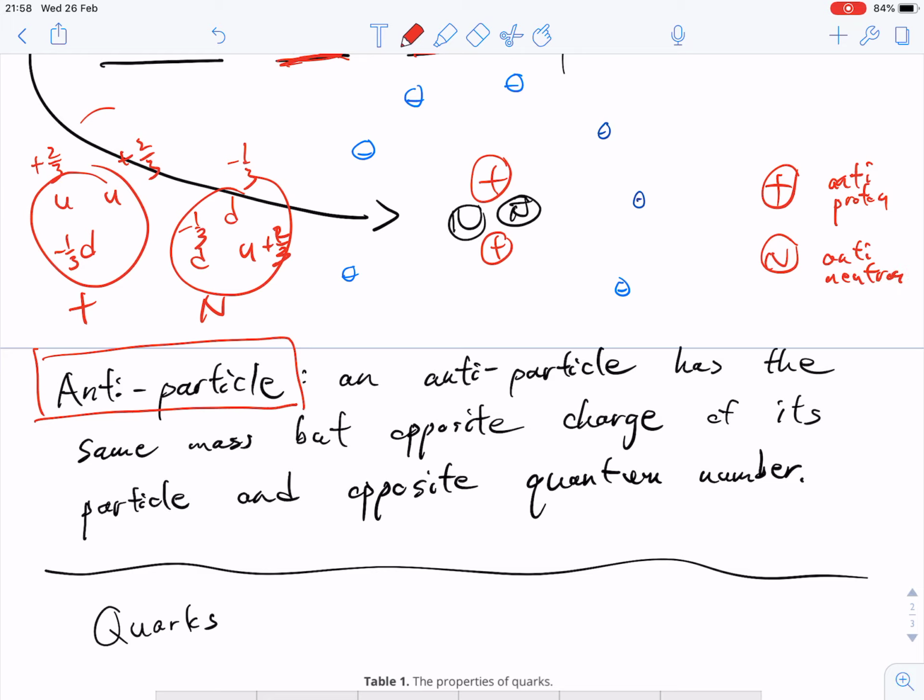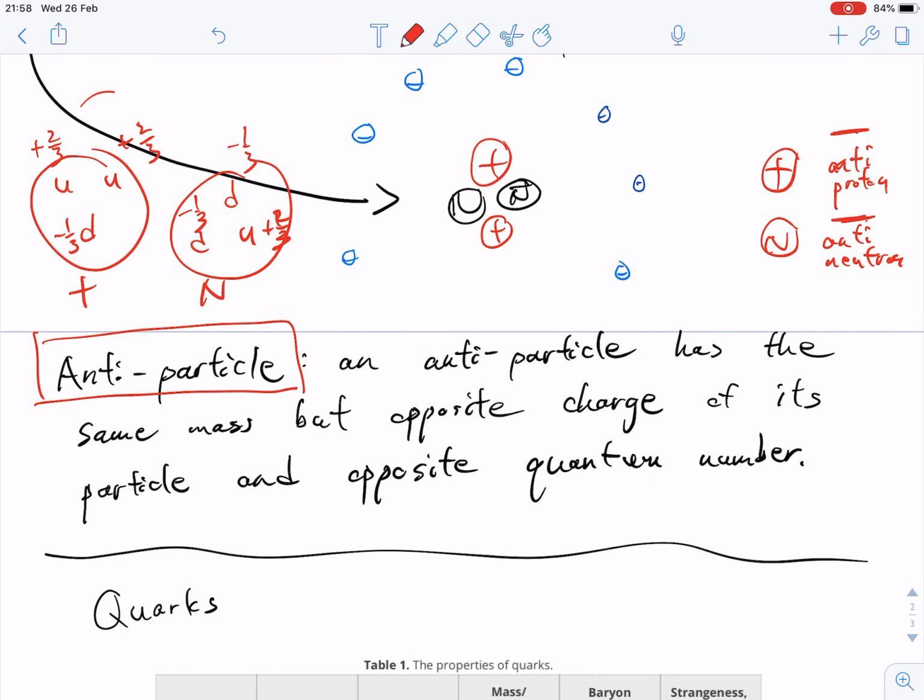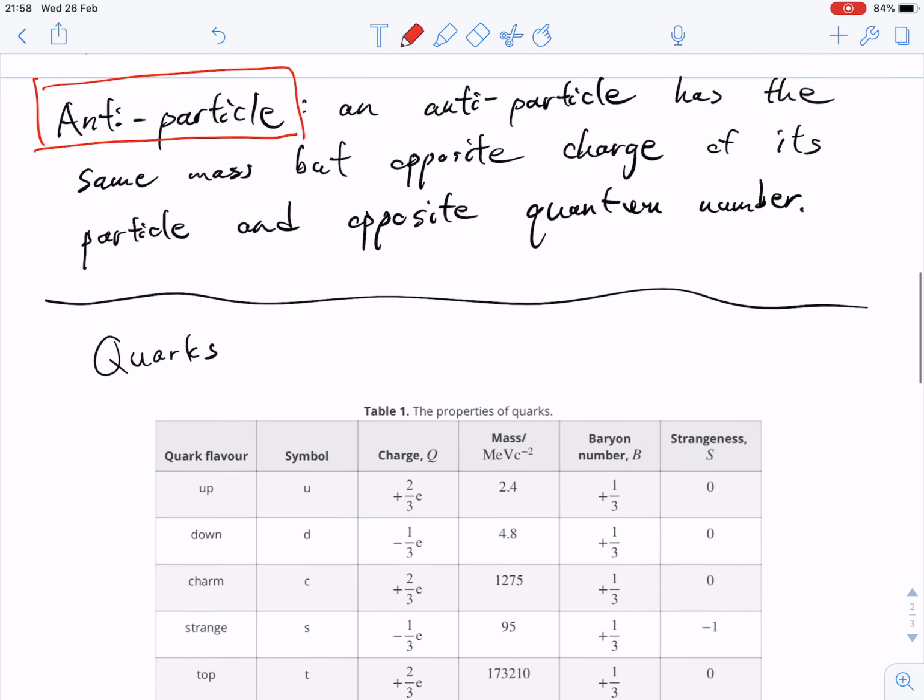We usually use a little bar above the letter to represent that. The antiproton has the same mass as a proton but the opposite charge, which means it would be negative. It's not an electron, it's an antiproton, because an electron has much less mass.